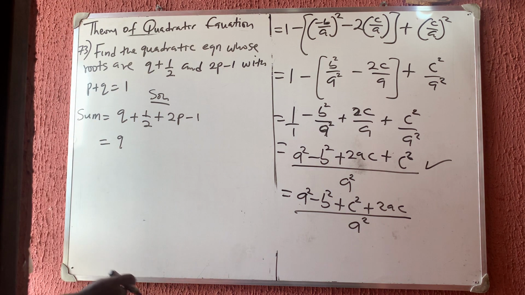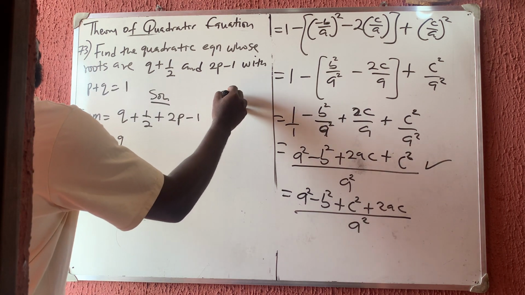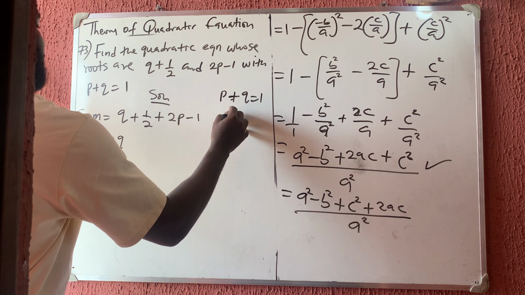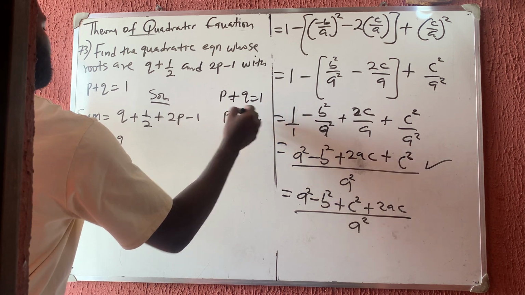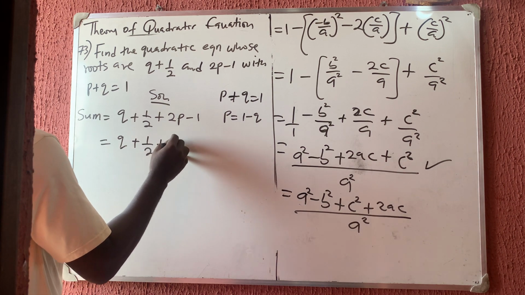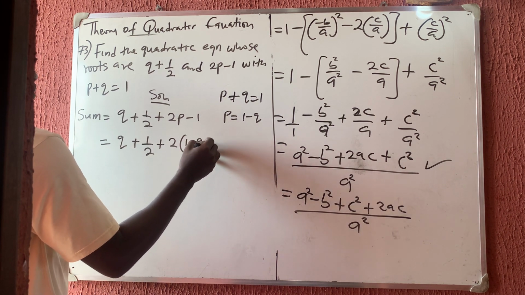But they say that p plus q is equal to 1, which means that p is equal to 1 minus q. So I have q plus 1 over 2 plus 2 into 1 minus q.